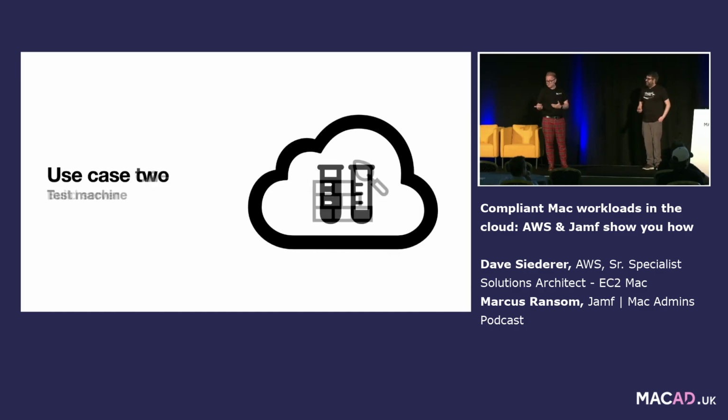But then there's another use case, which you mentioned before: a testing machine. This is something where you may be testing applications, going through QA, having a look at how they operate, how packages are working, how you can manipulate them, looking at different workflows that we might be building as a Mac admin and seeing how they operate.